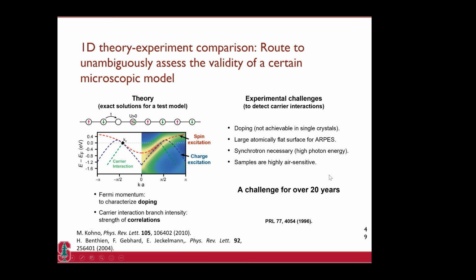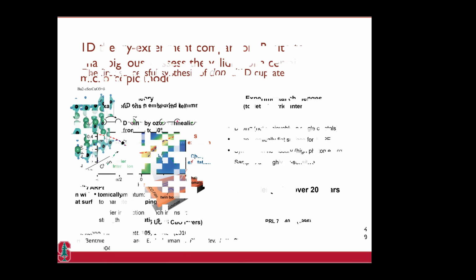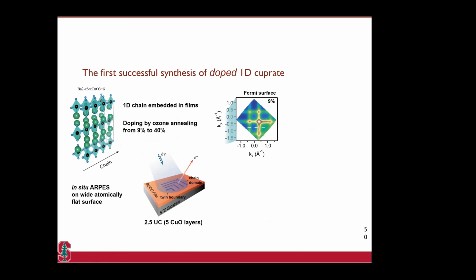Now in situ growth allows you, coupled of course to the spectroscopy. Okay. So here we are now able to dope the system from 9% to 40%. The compound is basically Sr2CuO3+delta. It's the 1D chain compound.